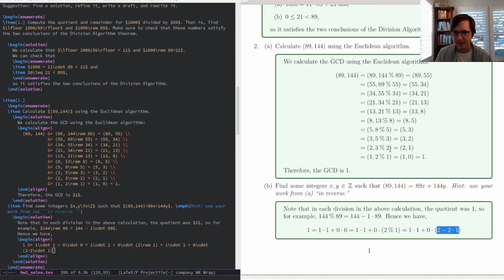So how do I want to do this? Let's not go to the very end, just because it actually makes things awkward.